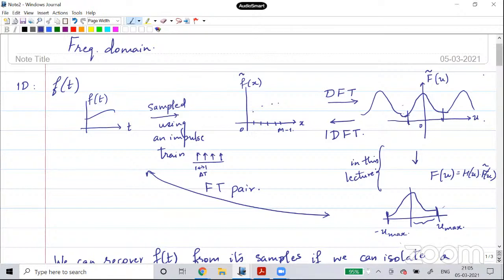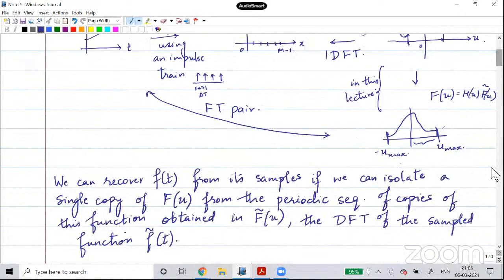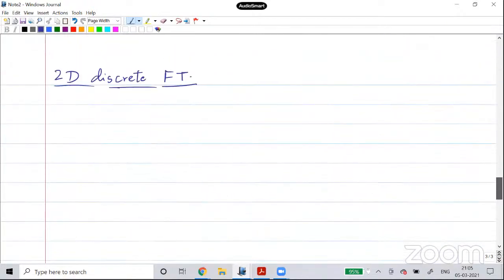Okay, so this same setting works in the 2D situation also, for a two-dimensional function also. In the two-dimensional case, we will talk about two variables, continuous variables t and z. So these will be our continuous variables.